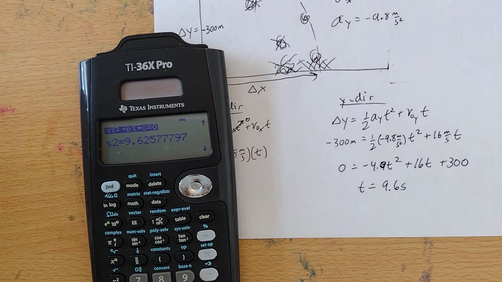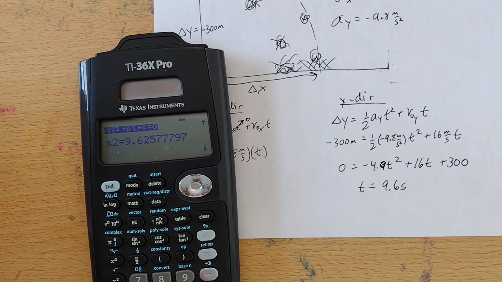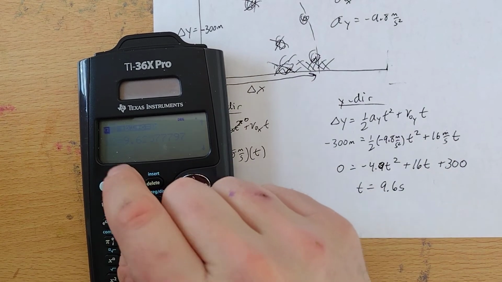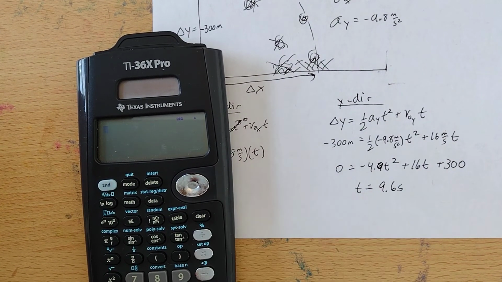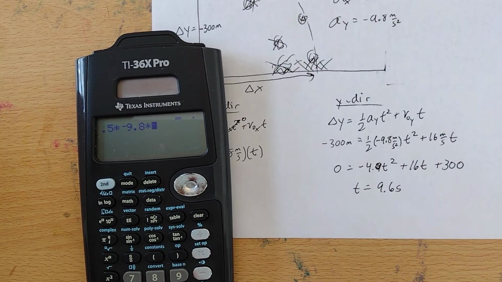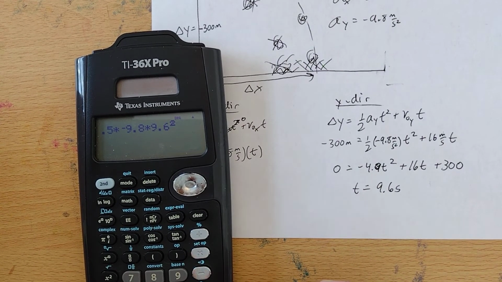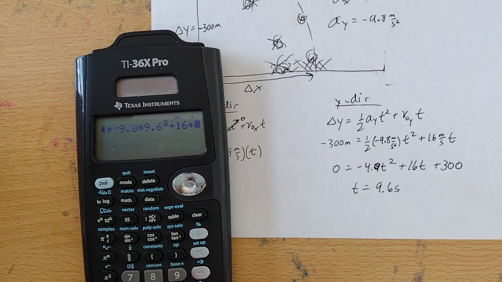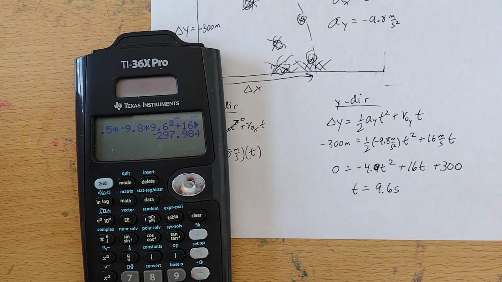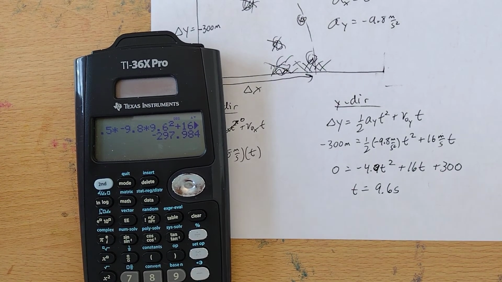I could go back and plug it in here if I was really worried about it being the right root, right? 0.5 times negative 9.8 times 9.6 squared plus 16 times, yep, negative 300 is about what I get there, so that's good.